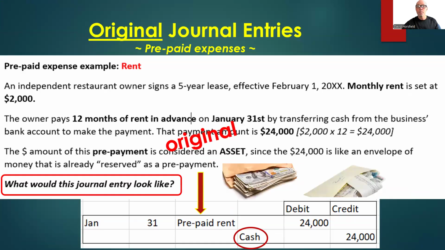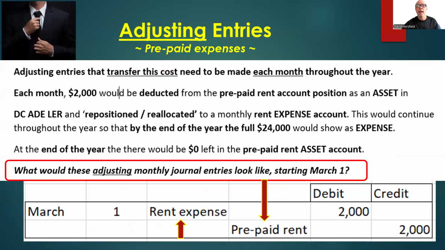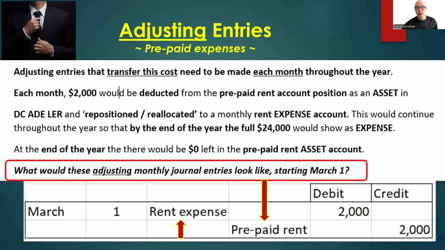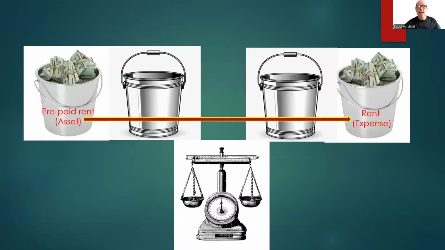So go back. Prepaid rent here in the original was debited. Watch where prepaid rent goes now on a monthly basis. The prepaid rent goes to the credit line item. So it started originally as a debit. Now prepaid rent on a monthly basis goes to credit. Now what we're doing here visually is we're taking prepaid rent as an asset on the top left-hand corner, and we're transferring that money into rent expense.